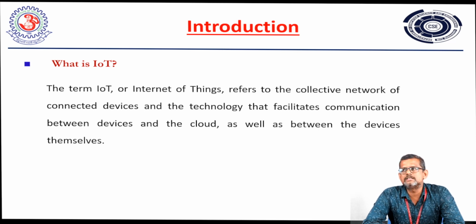Once it has become an internet, we can communicate between two devices or multiple devices. All are readily available over the cloud. We have n number of cloud platforms available for IoT to manage n number of devices, communication, everything. So this is the overall idea of what IoT is all about. It's nothing but a collective network of connected devices, especially to communicate between devices and the cloud platform.